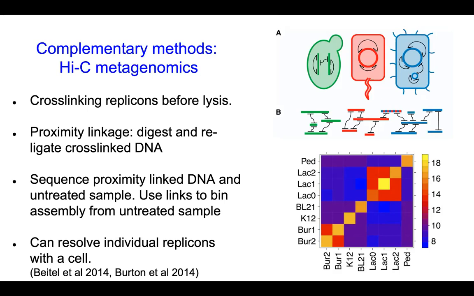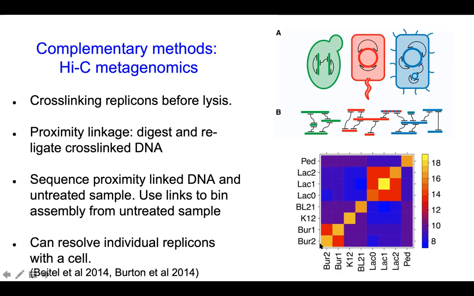So there's always a little bit of links that are spurious. But here, for example, we can see across the center line that DNA from the individual replicons has the most linkage to itself.